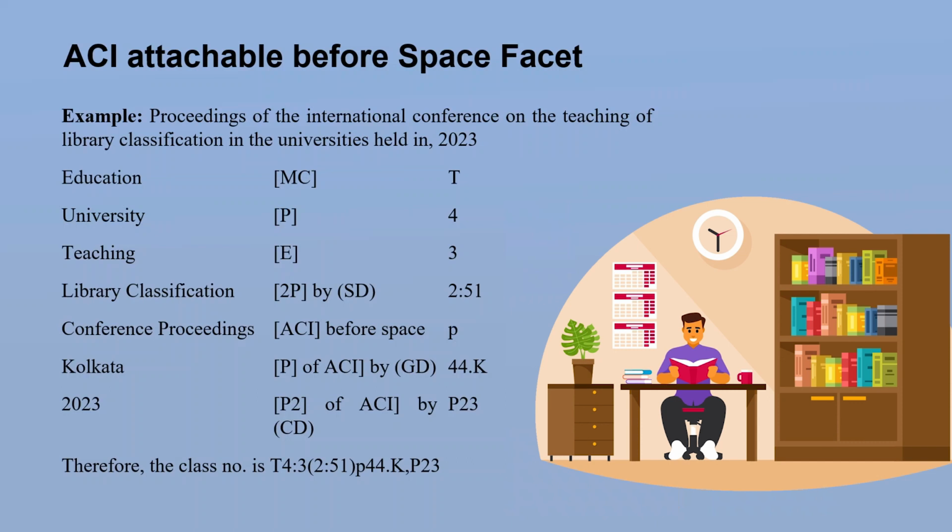So for P we have here Kolkata. For that we get 44.k, and for P2 we have 2023, and that is got by chronological device, that is P23. So the class number is built as T4 colon 3 within parenthesis 2 colon 51, then small p 44.k and comma P23.